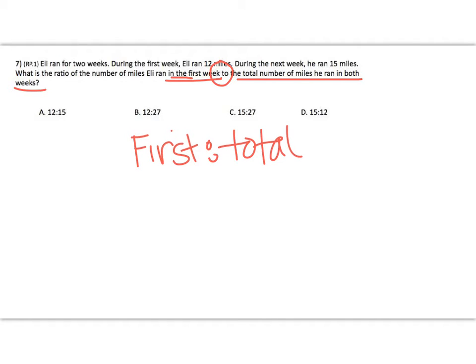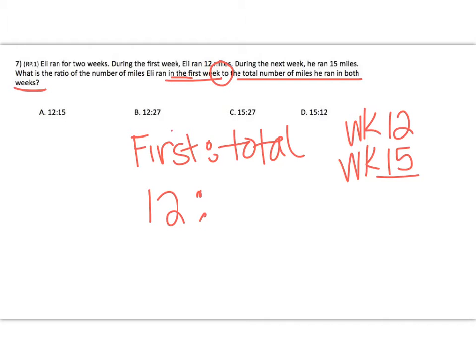So in the first week, it says he ran 12 miles. Now it asks the total number of miles he ran in both weeks. So in week 1, he ran 12 miles. In week 2, he ran 15 miles. So he ran a total of 27 miles. So my answer for this would be B, 12 to 27.